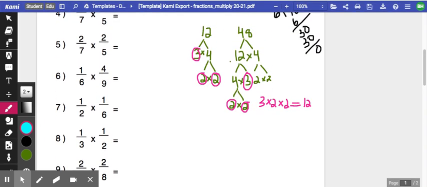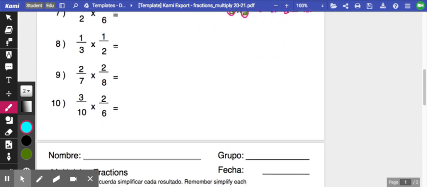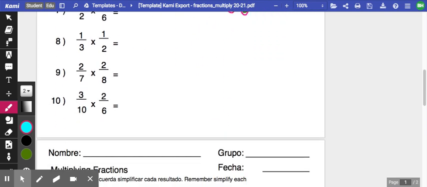What do I mean? 48 and 90, those are big numbers. It's hard for me to really know what all the factors of those larger numbers are. So what I can do here is something that's called cross simplifying. This works really well when we have small numbers. 3, 2, 6, 10 here.